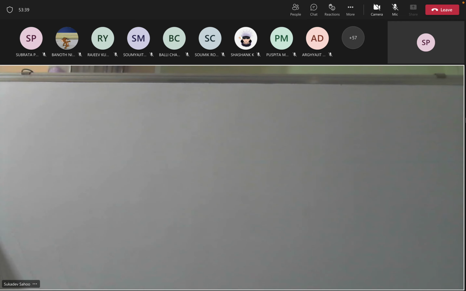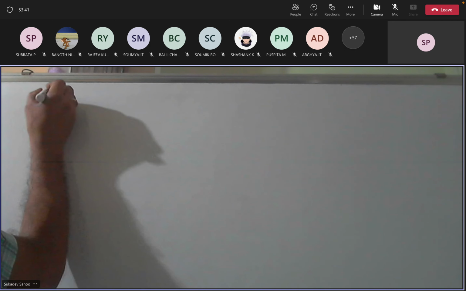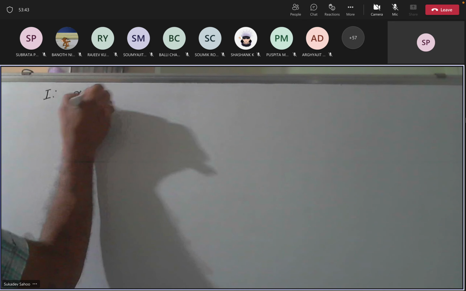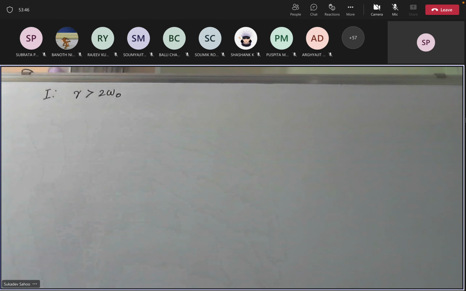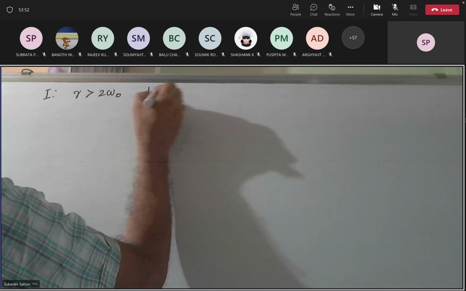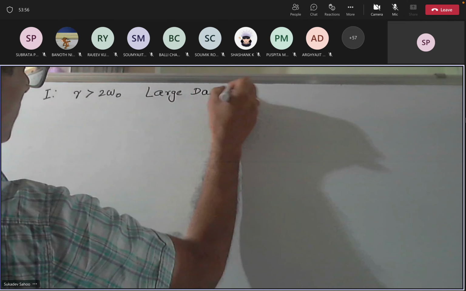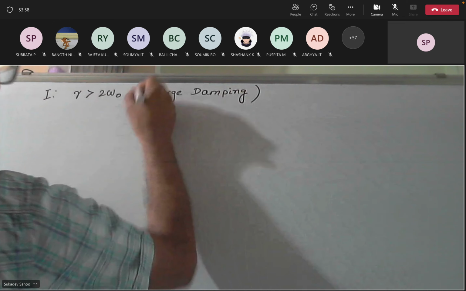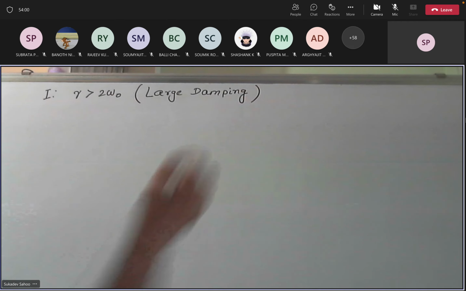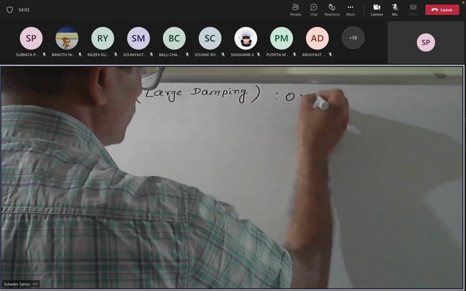Now case 1. When we consider gamma greater than 2 omega 0. What is gamma? Gamma is the damping coefficient. If the damping is more, it is the case of large damping, which is also known as over-damped motion.